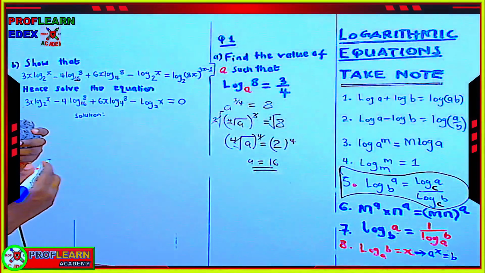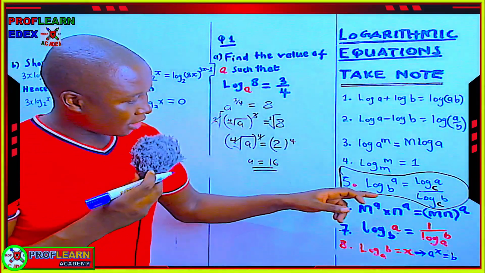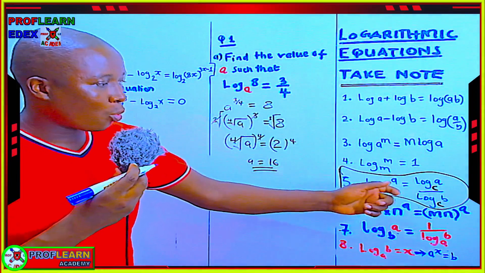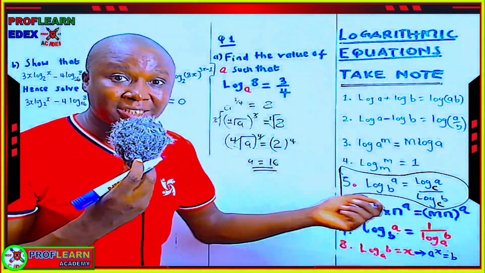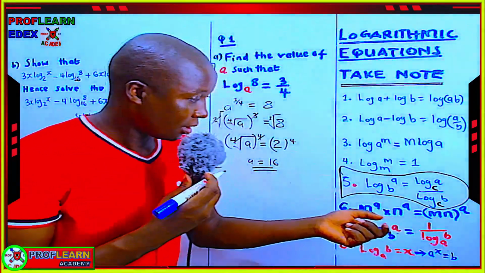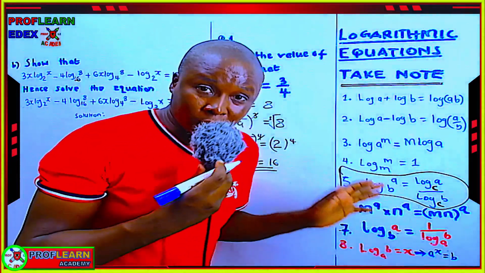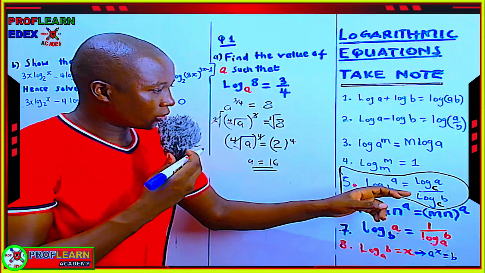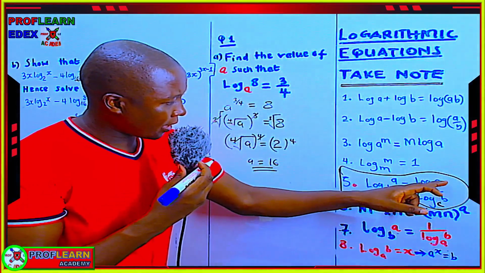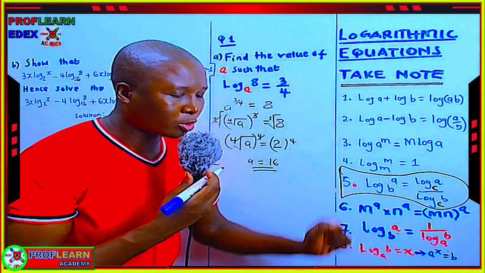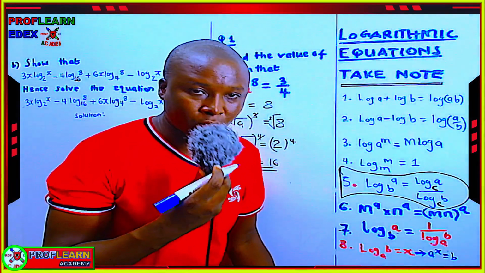So for us to express that, you need to remember that if you are having log a base b, and you want to introduce a new base that was not there, you are going to say log a over log b, then you introduce that base that you want to introduce.